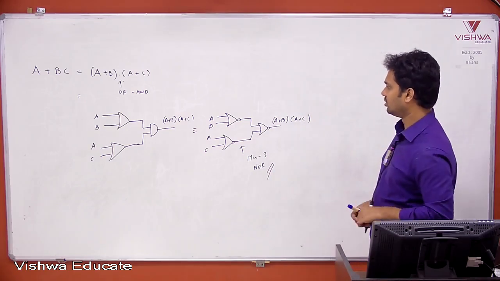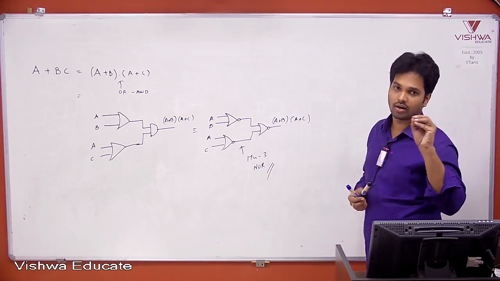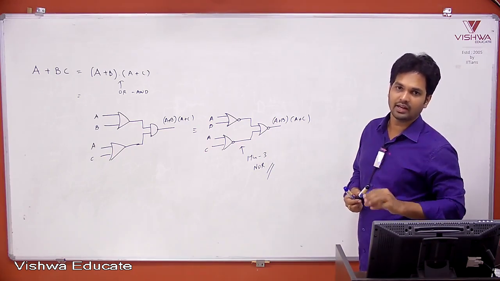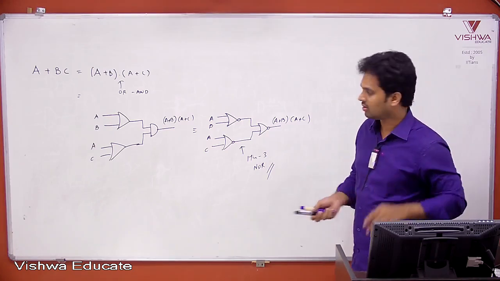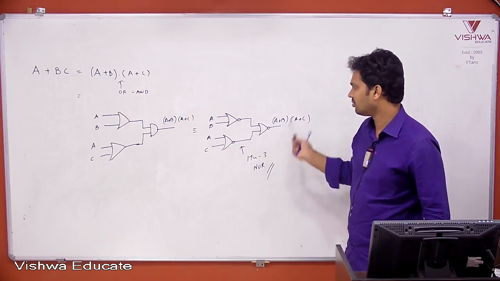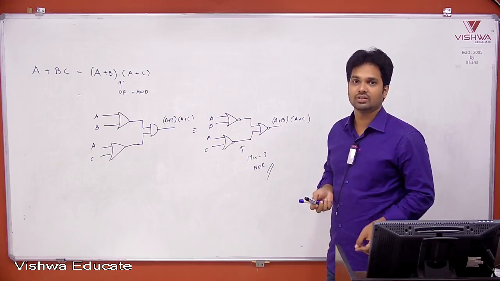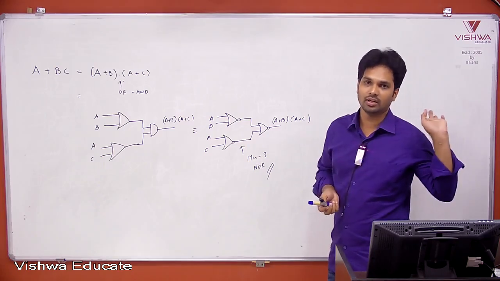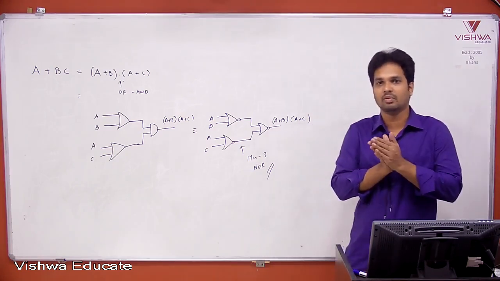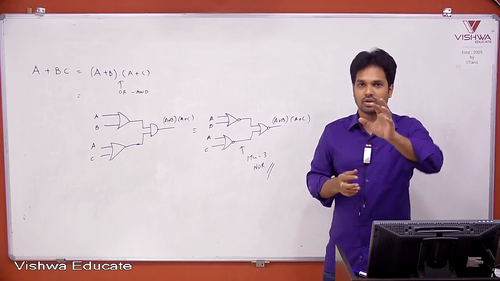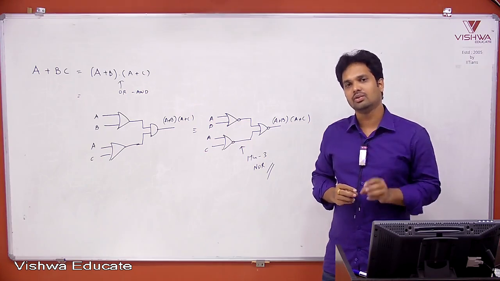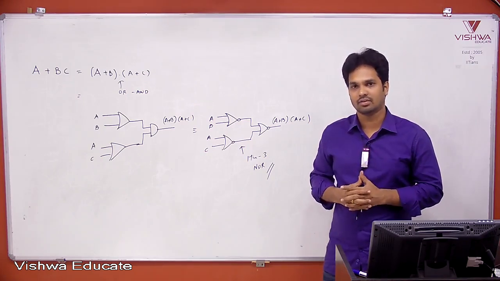Whenever the examiner gives you an OR AND operation, blindly replace it: OR AND means NOR. No need to do all these things. If you observe it is an OR AND function, blindly NOR followed by NOR. Similarly, if it is an AND OR function, blindly NAND followed by NAND. Previously I gave different examples for implementation using NAND. Now you can conclude. If the examiner gives one function and asks you to implement it using the minimum number of NAND gates, there are 3 choices.